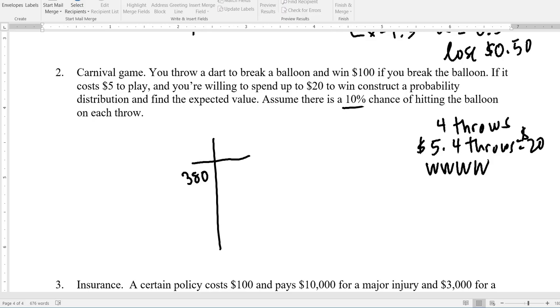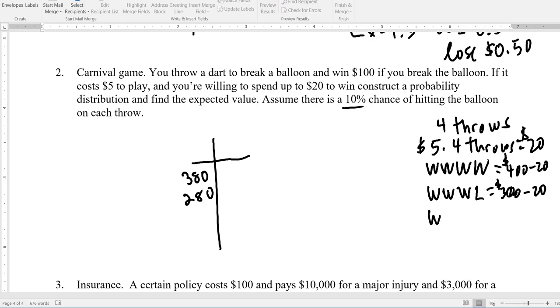What if I only won 3 of them? Well, that would be 300, and the loss still cost me $20, so I would win 280.